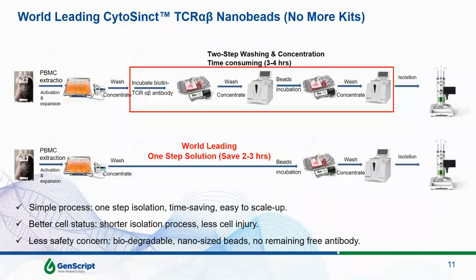However, the kit contains 2 vials of anti-biotin beads and 1 vial of biotin-labeled TCR alpha beta antibody. This means you have to incubate the antibody with the cell sample first, then centrifuge to wash and remove the free antibody to some extent. Then add the beads to perform the incubation again, as pictured here in the top lane.